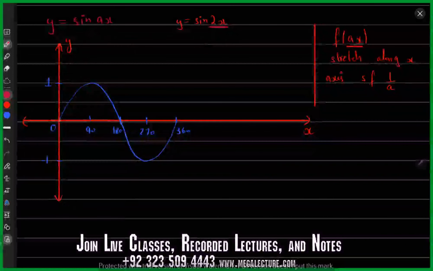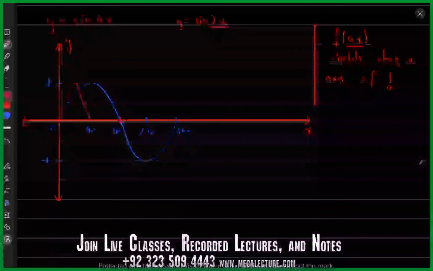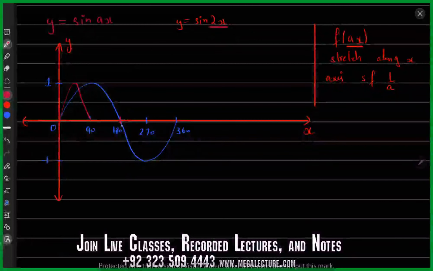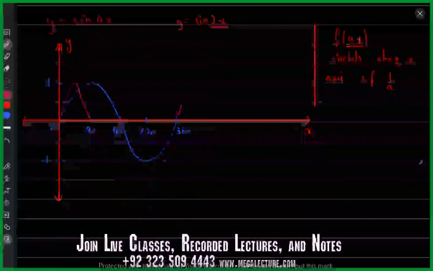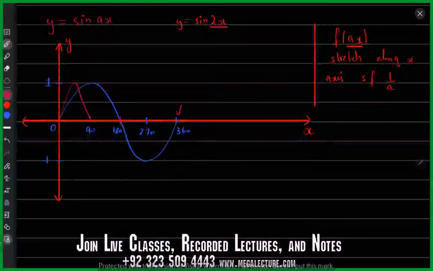So just look at this now. We are going to start at this point. It was initially ending at 180, but I would do 180 divided by 2 and this would give me 90. And then the final shape is ending at 360. But since it is sine of 2x, every x coordinate is divided by 2. So 360 divided by 2 gives you 180.